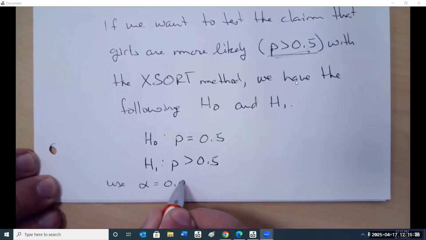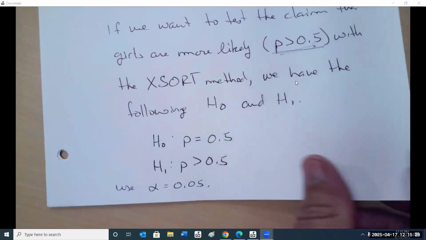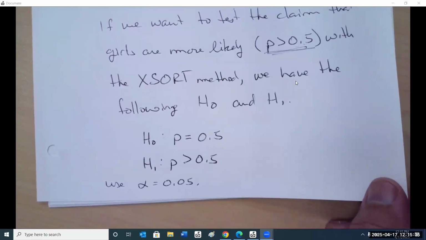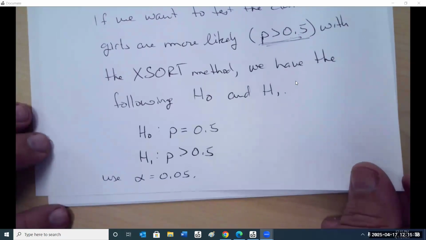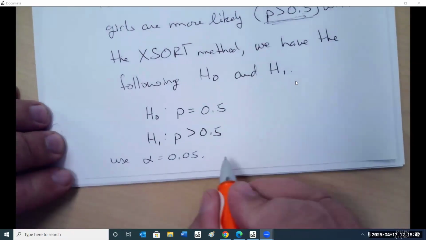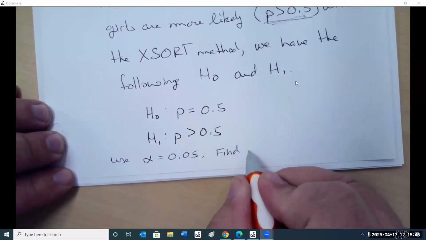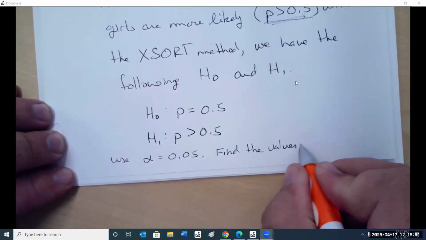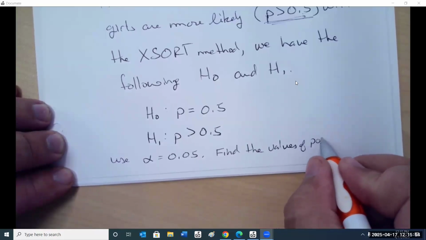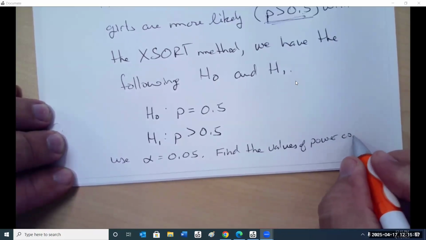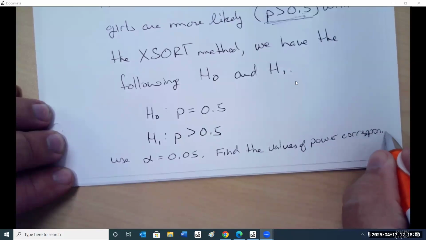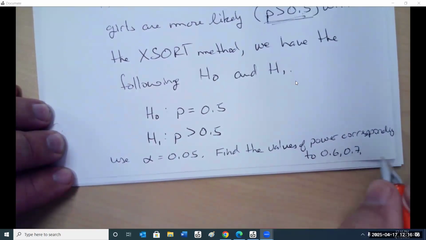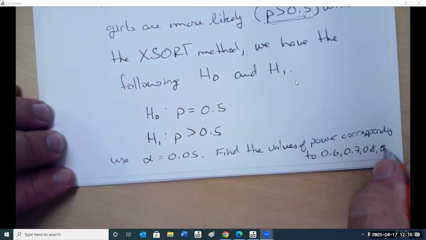Use alpha equals 0.05. Okay. Use that. Find the values of power corresponding to 0.6, 0.7, 0.8, and 0.9.